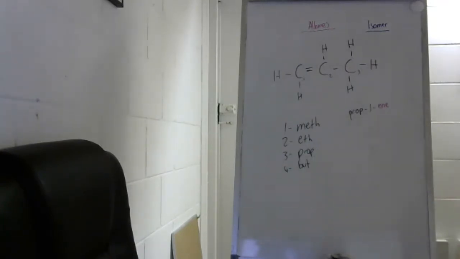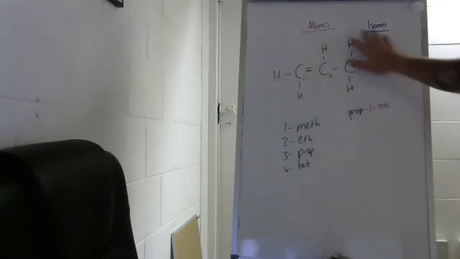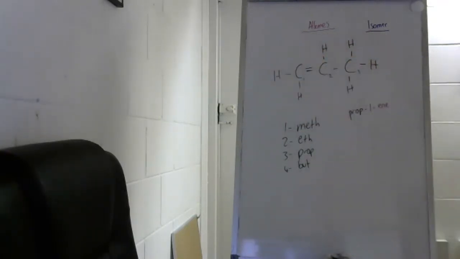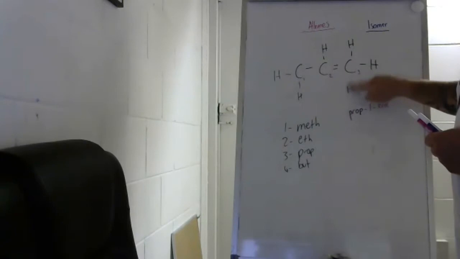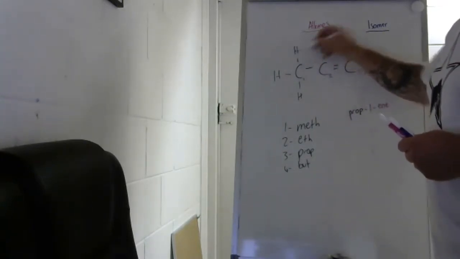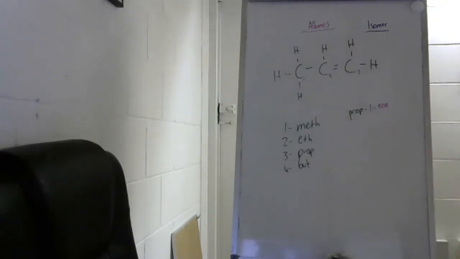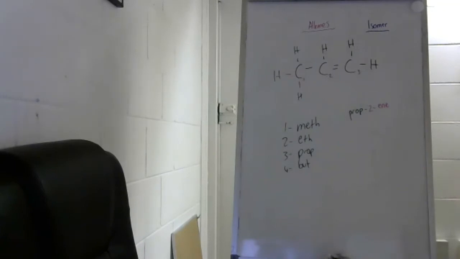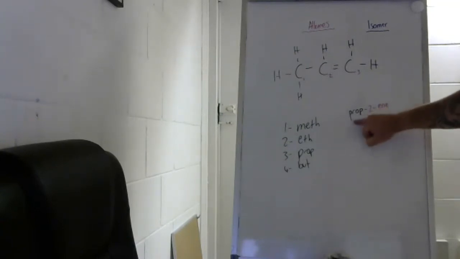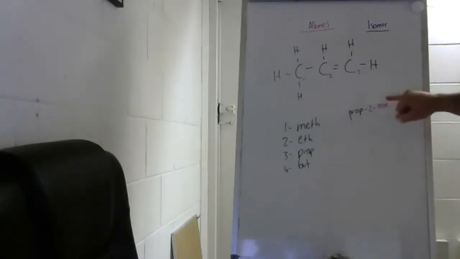Remember the isomers, exactly the same number of carbons and hydrogens, but if we switched the functional group here, we would have prop-2-ene. So the position of the functional group is really, really important. That's why when we're naming alkenes, we name carbon atoms, the position of the double bond, and then we call it ene.